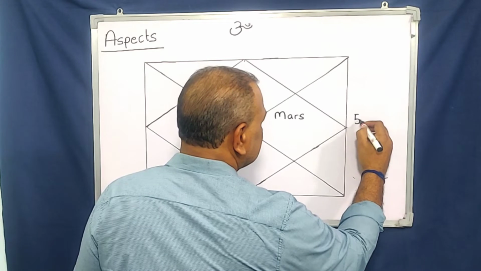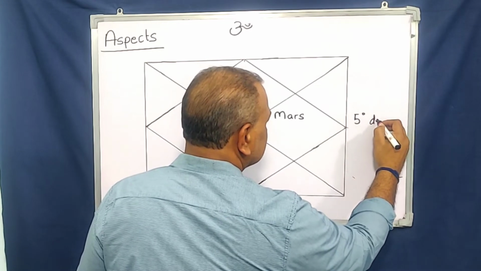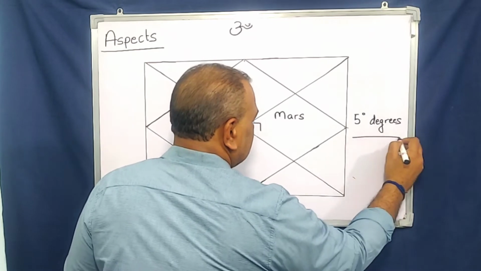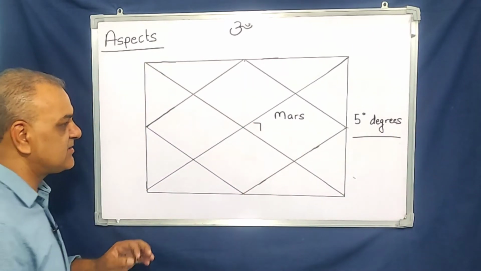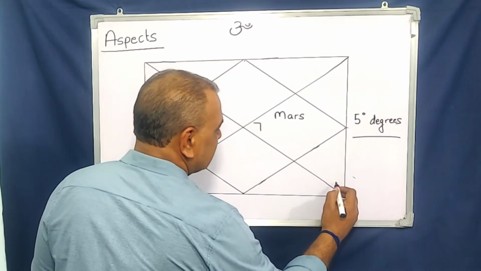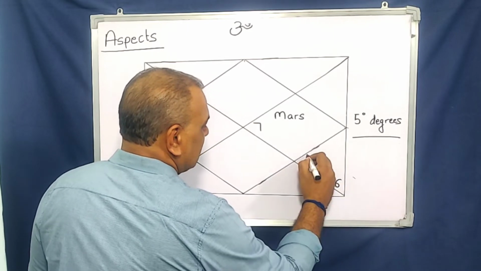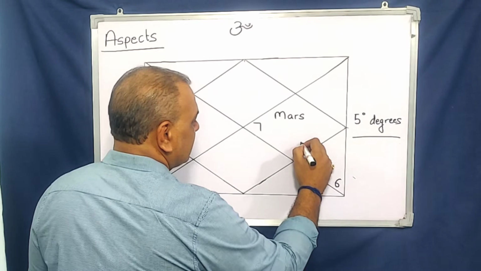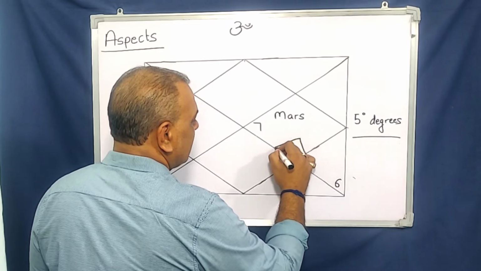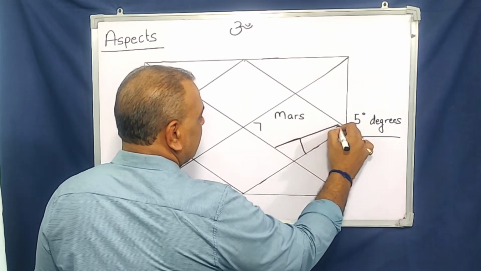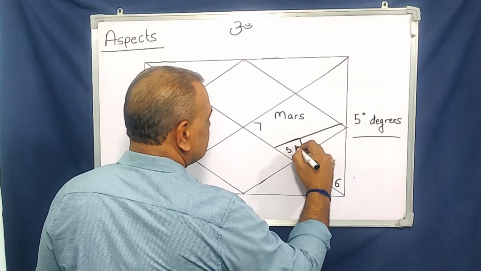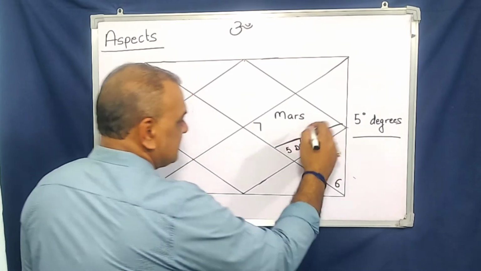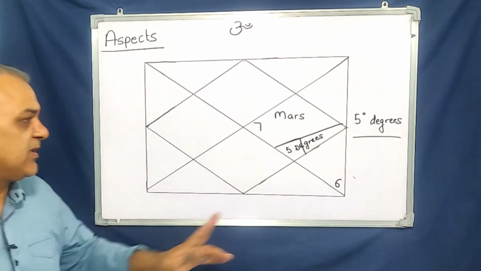So let's take an example. Mars here is at 5 degrees. Because he is in direct motion, Mars will enter here, and it covers approximately 5 degrees. I am just taking a rough example.